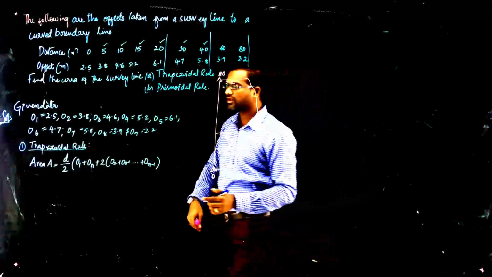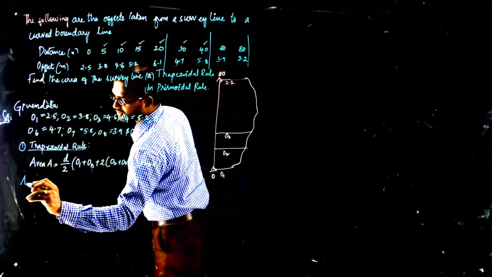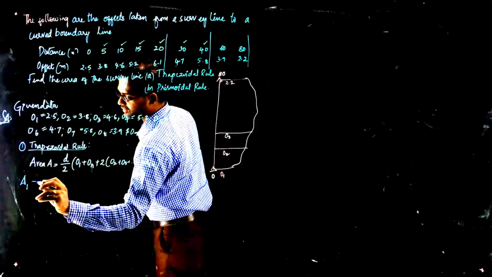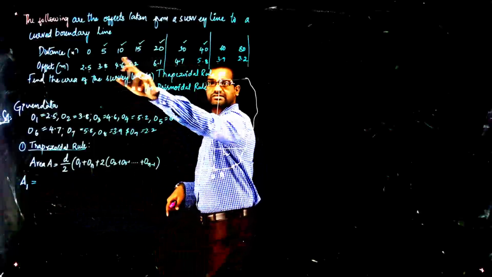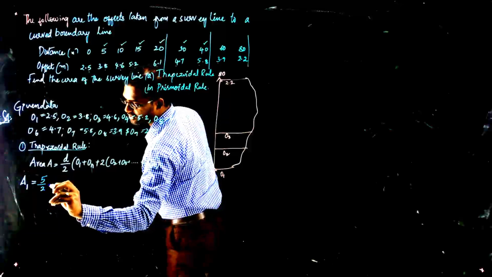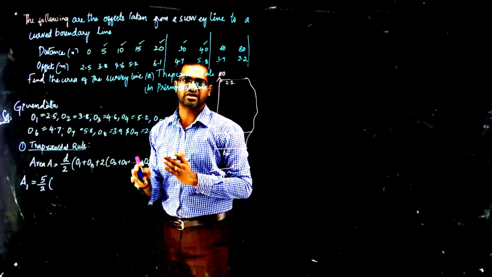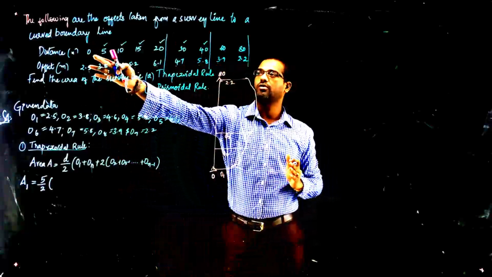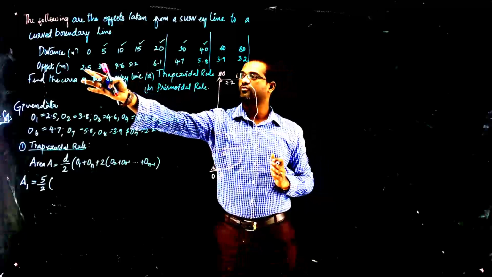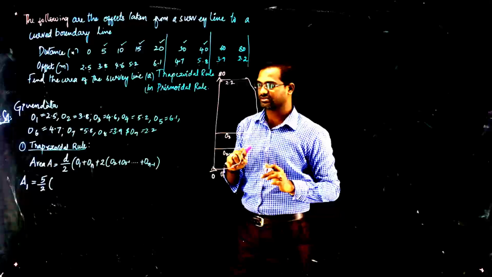So let us do the common distance of 5 meters. I am calling this A1. I am taking the common distance as 5 meters, so 5 by 2. These are the distance and offset values for the common distance of 5. So this could be ordinates 1, 2, 3, 4 and 5. Five ordinates we have to consider.